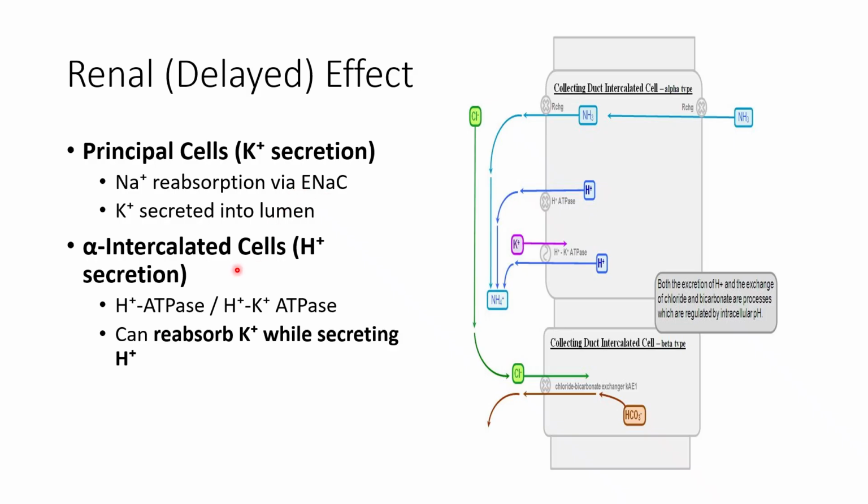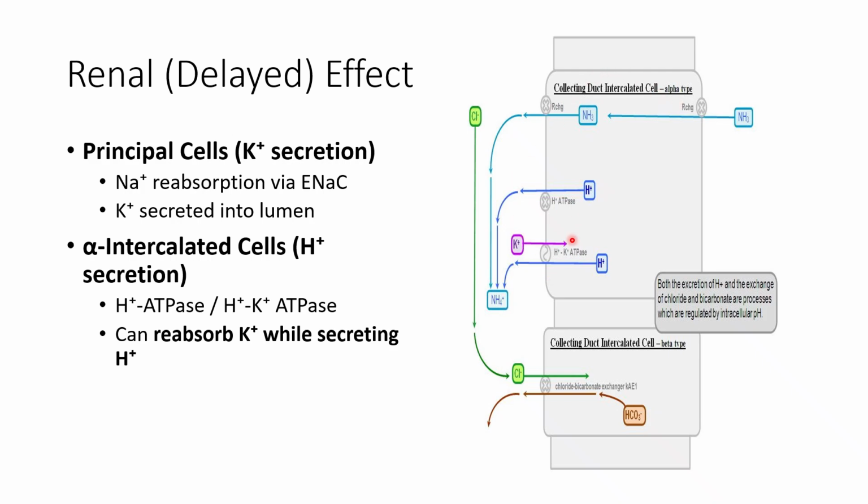And then there are these alpha cells. We saw that they work when you have to lose acid. So basically, this is the alpha cell. It has this H plus ATPase and H plus K plus ATPase. So in a state of acidosis, there will be increased H plus in the body, so that H plus will also lead to secondarily increased H plus inside the cell.